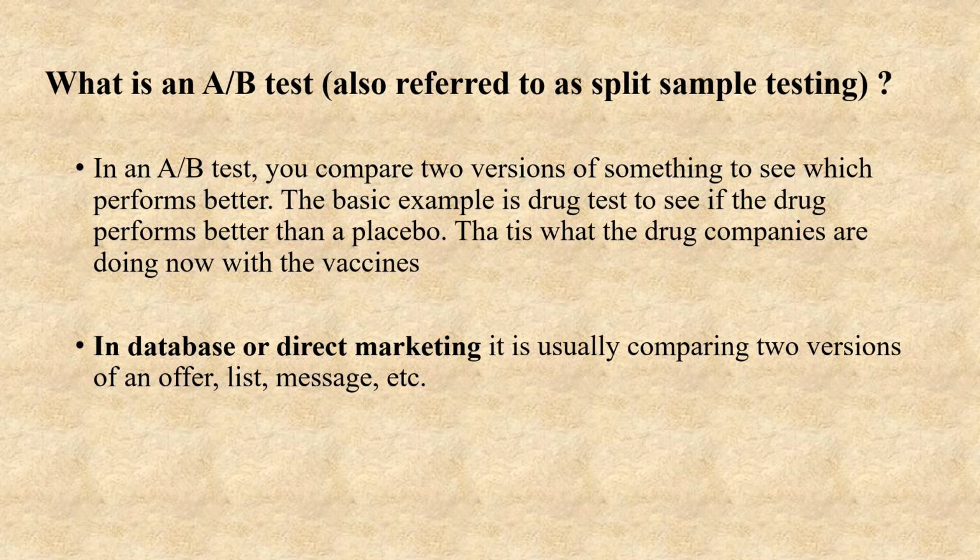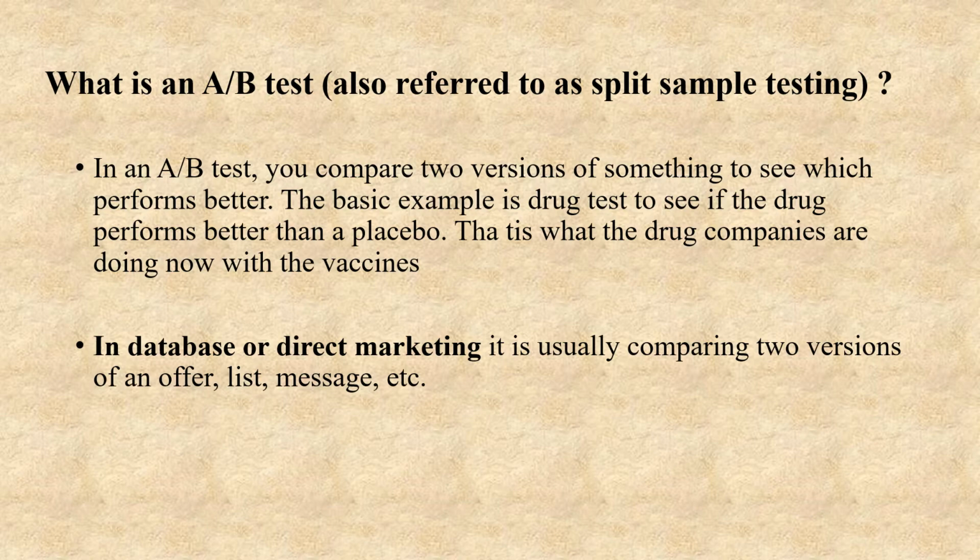So what is an A/B test, also referred to as a split sampling test? Well, an A/B test, you compare two versions of something to see which one performs better. The basic example, of course, is a drug test to see if one drug performs better than a placebo. That is why the drug companies are doing what they're doing right now with vaccines.